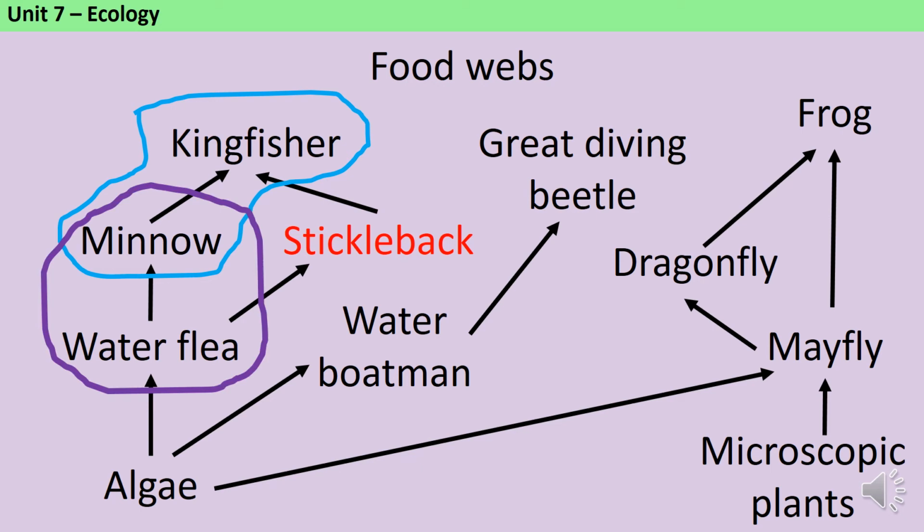However, the stickleback had been eating the water fleas. Now that the stickleback are not eating the water fleas, their numbers should rise. This means that the minnows have a larger food source, which could cause their numbers to rise, or at least not to be completely suppressed by being eaten more by the kingfishers. So it's quite hard to predict what's going to happen to the numbers of minnows.